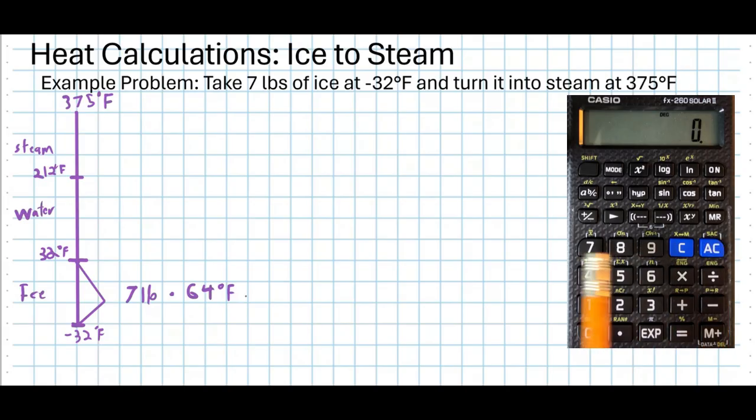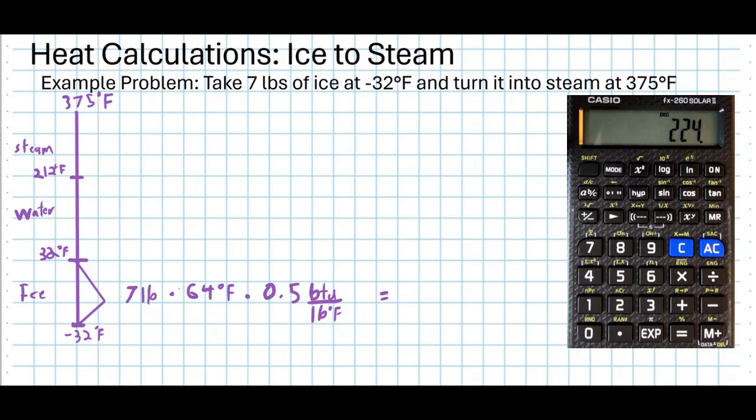Now I'm going to multiply this by the specific heat capacity for ice. The specific heat capacity for ice is 0.5 BTUs per pound per degree Fahrenheit. So what that means is it takes half a BTU to warm up 1 pound of ice by 1 degree Fahrenheit.